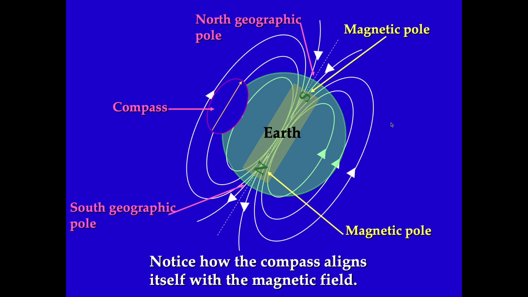And so there's an angle. So if you take a compass and you try to point it north, it's really not going to point true north because of the Earth's magnetic field. In fact, the angle between the direction the compass points north and true north changes as you move to different points on the Earth.